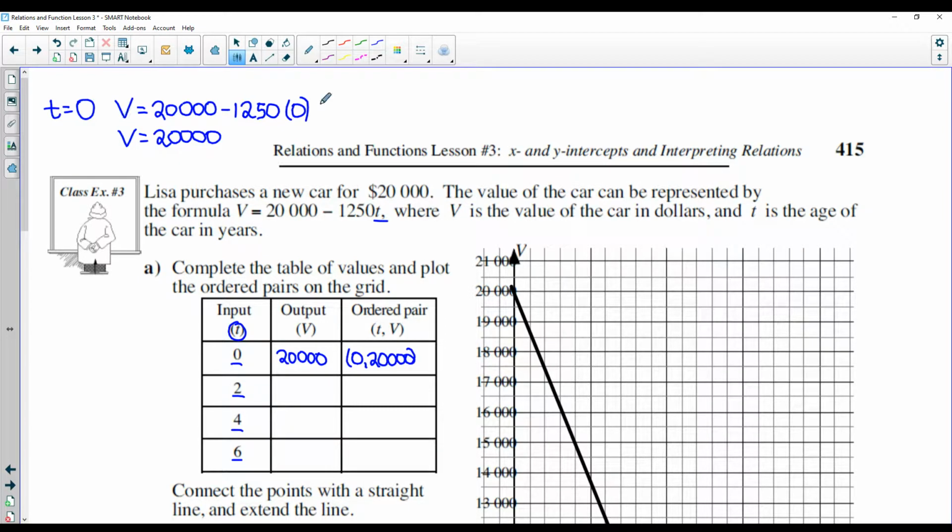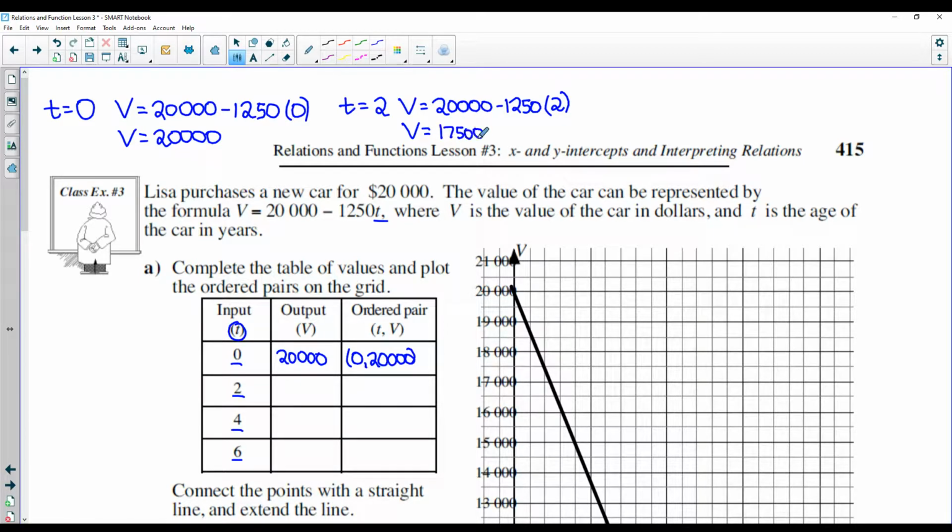Okay, let's do it for t equals 2. So if t is equal to 2, this would be v is equal to 20,000 subtract 1250, multiply by 2. 1250 times 2 would be 2,500, and then 20,000 minus 2,500 would be 17,500.